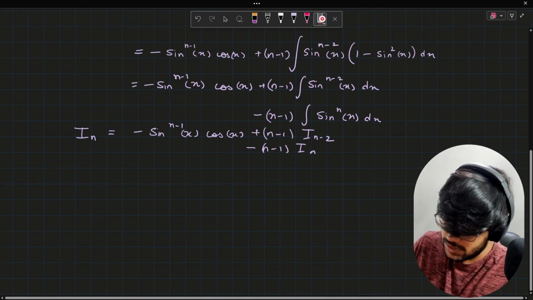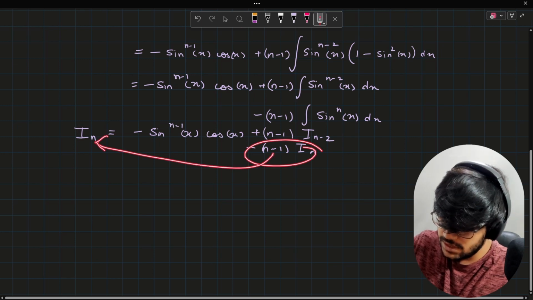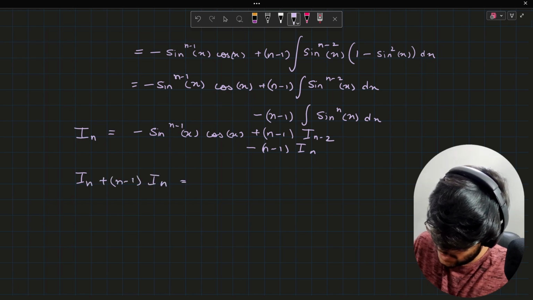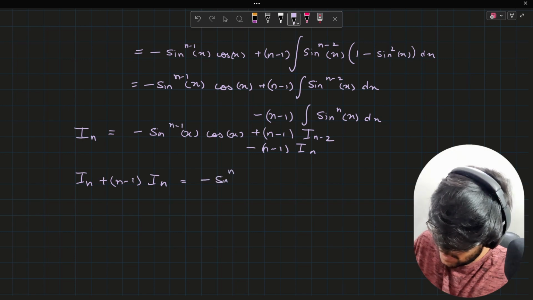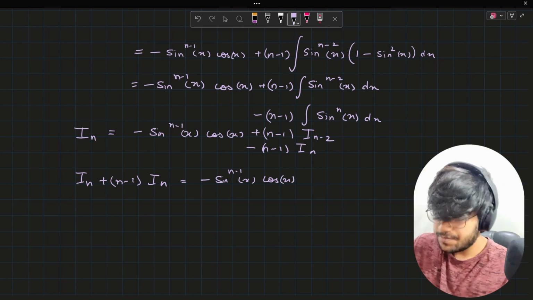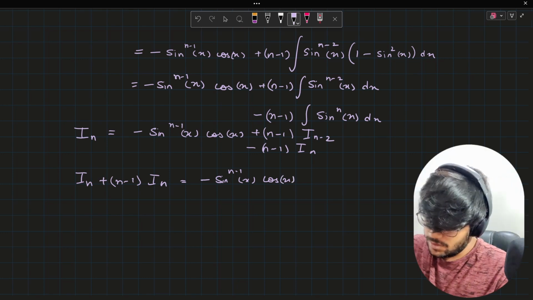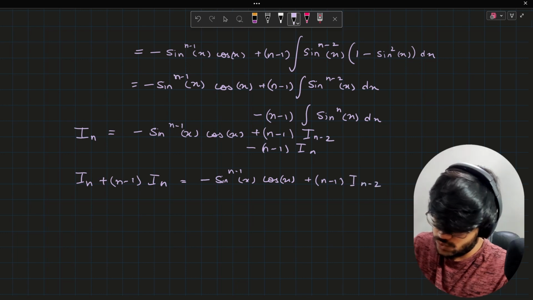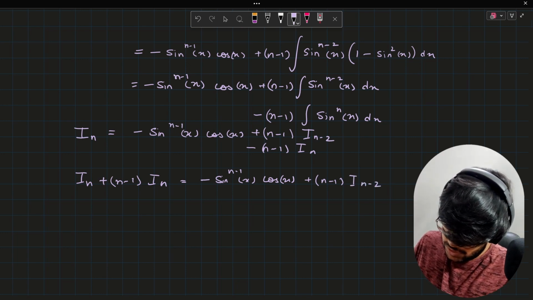So we can just take this to the left hand side to get I_n plus (n-1) I_n is equal to minus sine^(n-1) x cos x plus (n-1) I_(n-2), which is n I_n.